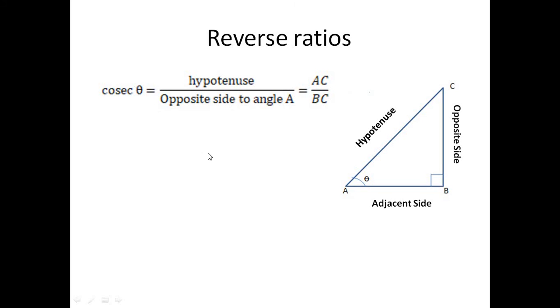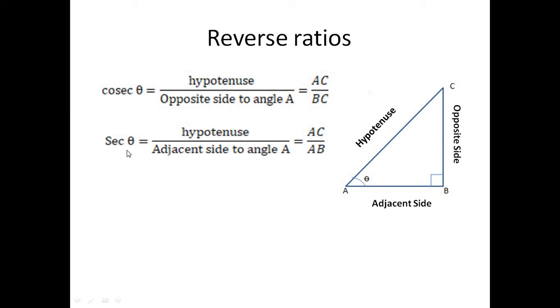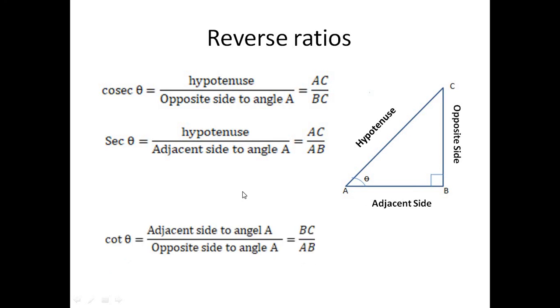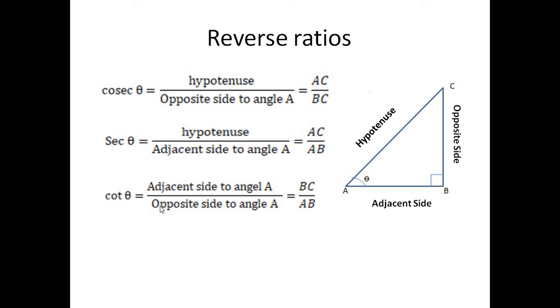That's the reason cosecant theta is the reverse of sin theta. Similarly, secant theta is hypotenuse by adjacent side to angle A, that is AC by AB. And cot theta is the reverse of tangent, that is adjacent side to angle A by opposite side to angle A.